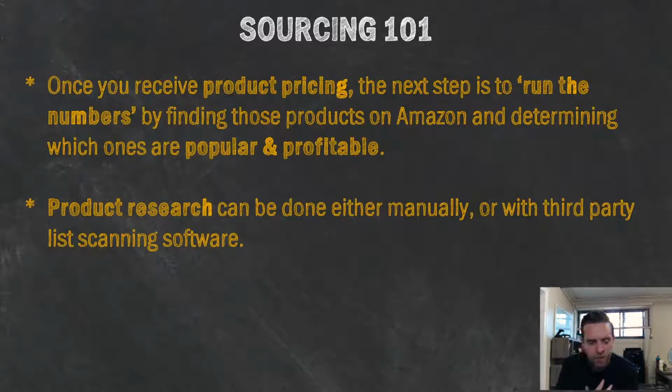One of the things that I attribute my success to in the beginning when I started, I didn't know of any list scanning softwares. I was doing everything manually. I was taking these price lists and these catalogs, and as big as they were, I was going on Amazon and just sorting them by brand and doing it that way.